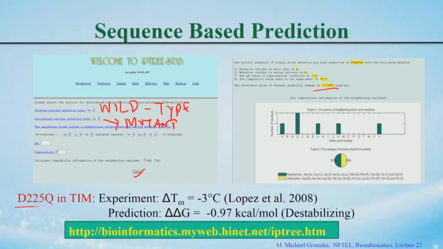So, one example I give is T225U. Here the experimental Tm is 33 degrees and our prediction is also minus 0.97, both are destabilizing, but here we know only the Tm values, which are anyway 2 to 3 times higher than the delta G values. So, you can use the server if the structure is not available, for predicting the stability upon mutations.